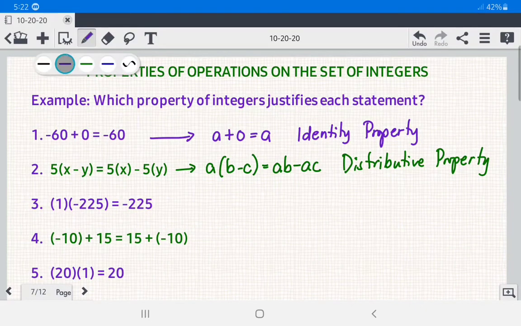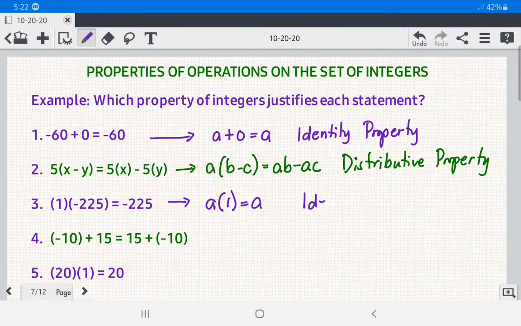Next, number 3. We have 1 times negative 225 is equal to negative 225. So, this illustrates identity property, that A times 1 is equal to A. So, that is identity property. Next, number 4.